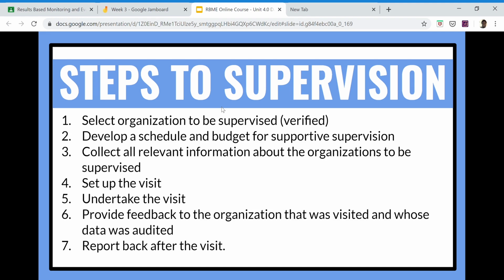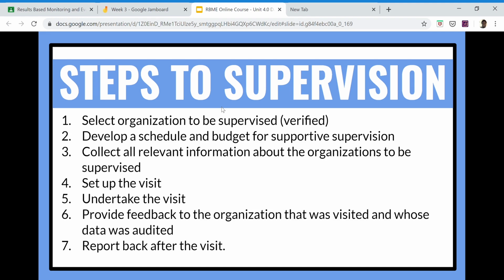Also cross-checking what was reported as a KPI against what they have in their system. Another way of data auditing is spot checks as well. So you have all this, and we also discussed the steps to supervision.